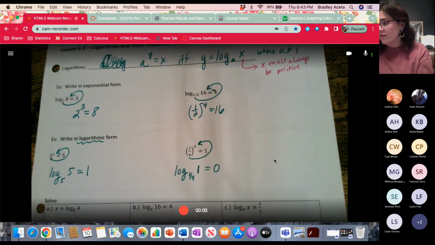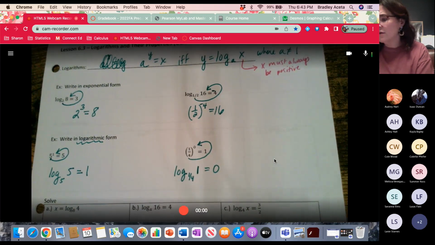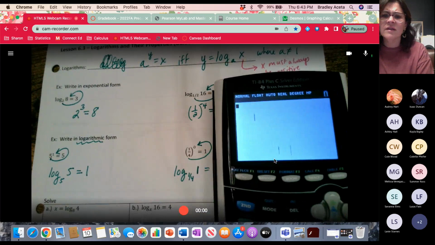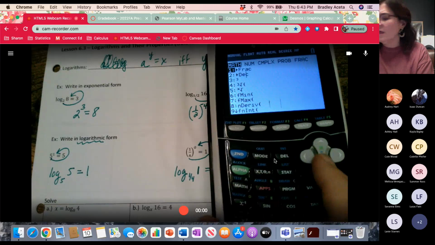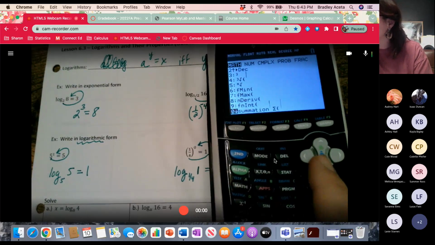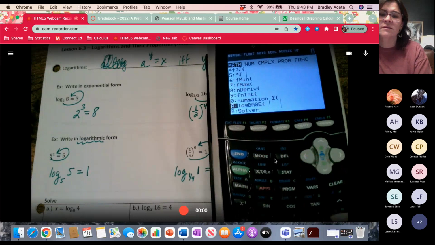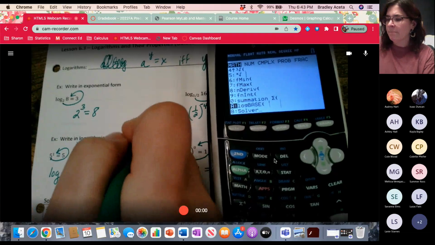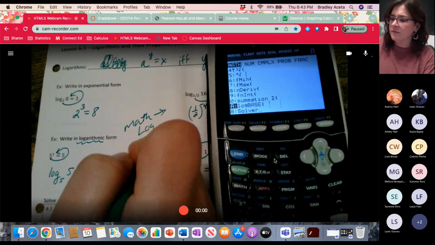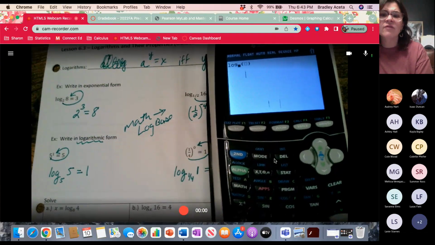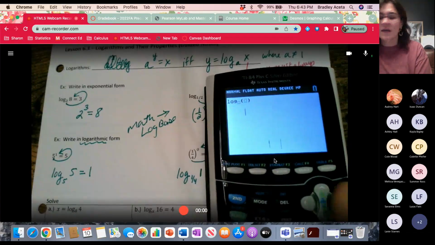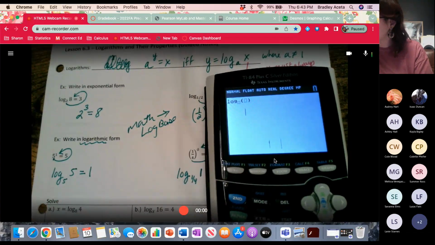Now, you can check this, and I'm going to show you. If you have the TI calculators, which you should, there is an awesome button, y'all, called Math right here. If you go down to where it says log base, Math, log base, and you hit enter, it gives you little placeholders, and you can type in 5 here, 5 here, and let's see if it equals 1.